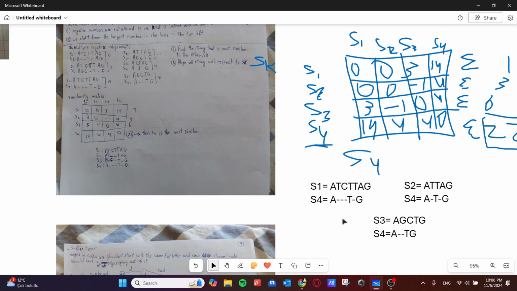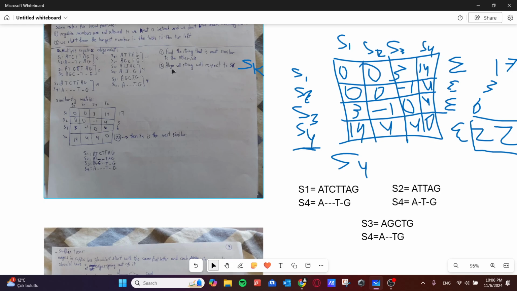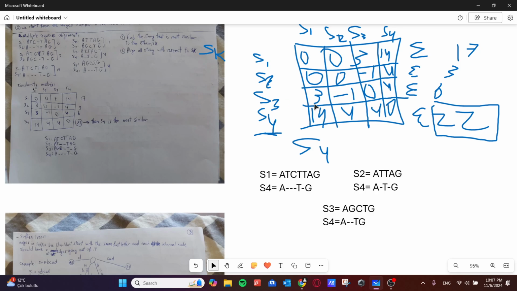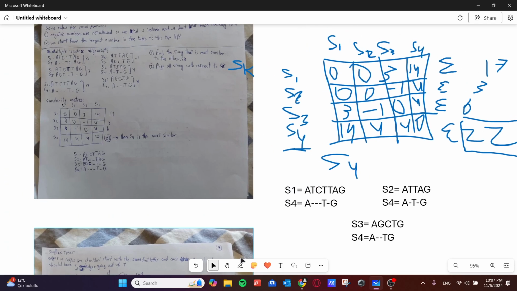Okay, so what we have done here is we are trying to align all the strings with respect to the most similar string. What is the most similar string we have found? It is S4. So we find S4 aligned with all the other strings: S4 and S1, S4 and S2, then S3 and S4.